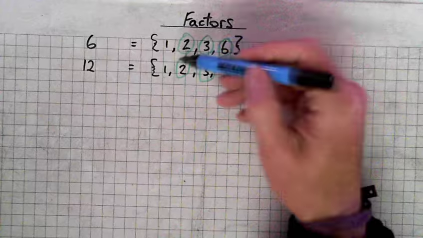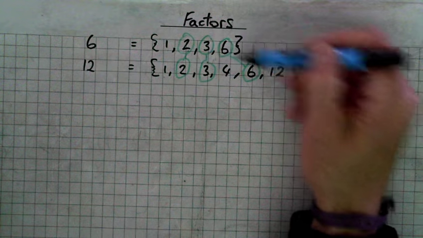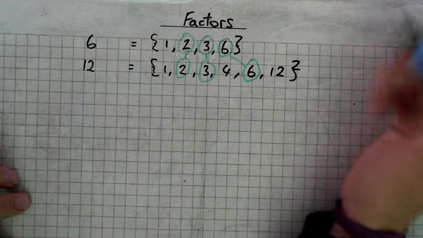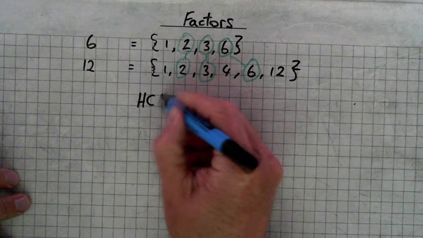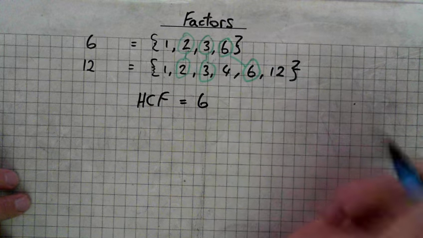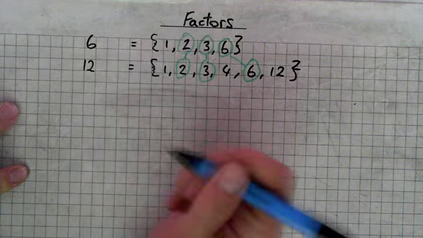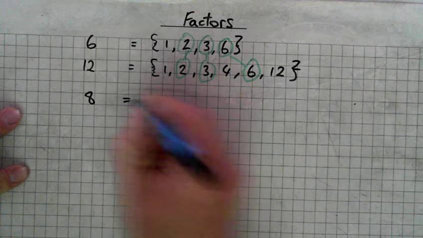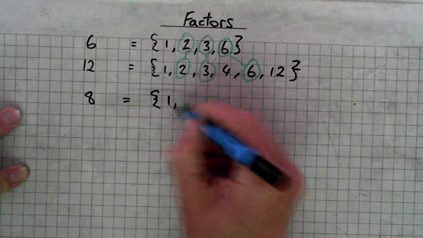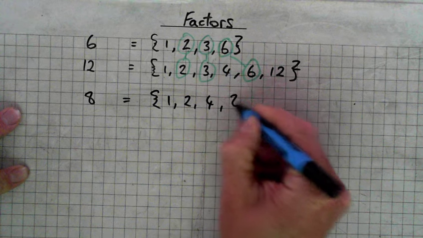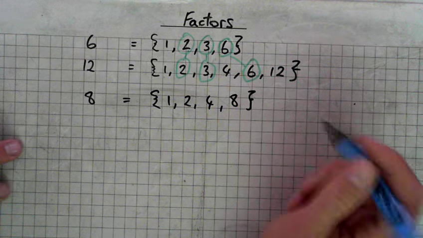Okay, so which pair is the highest common? Alright, so the HCF, highest common factor, is equal to 6. Okay, so if I put another number there, 8. Factors of 8: 1, 2, 4, and 3 won't divide into 8.